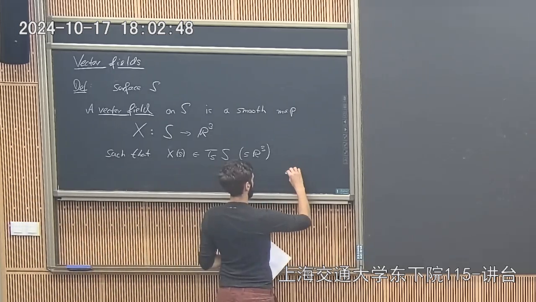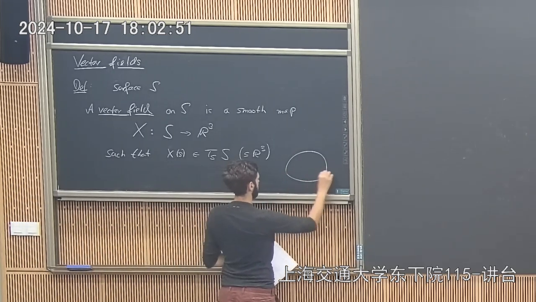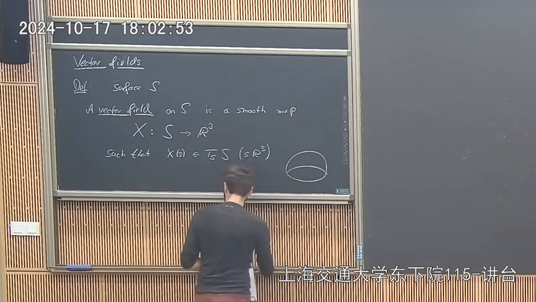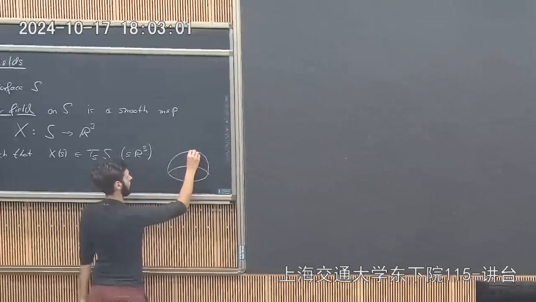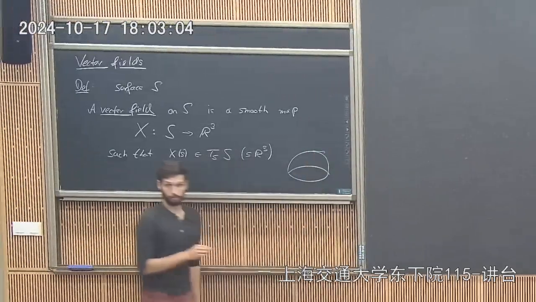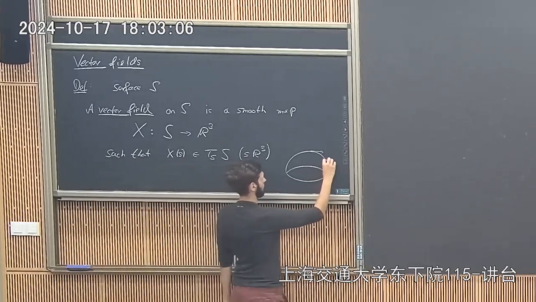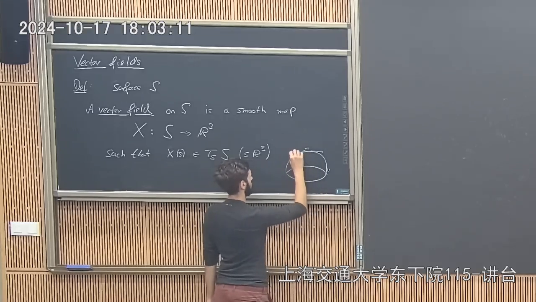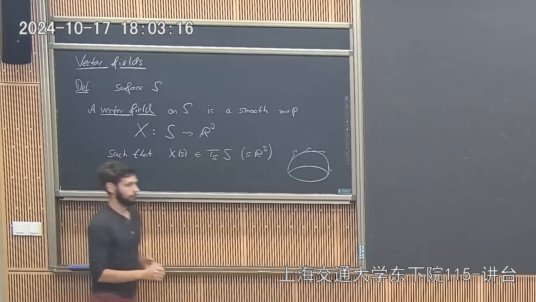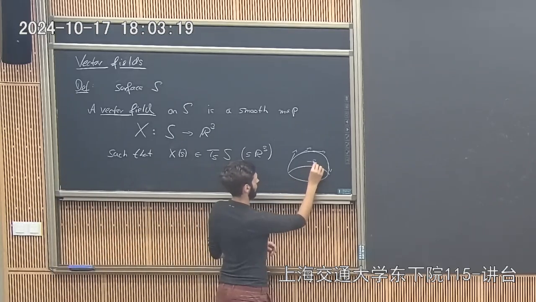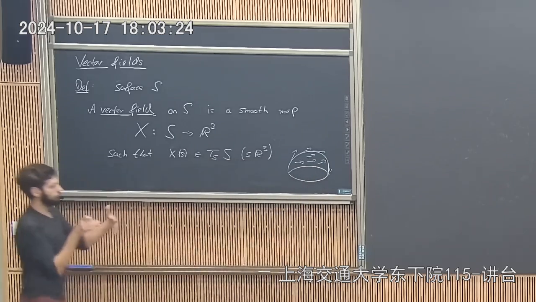So for example, if you have the upper semi-sphere, you can imagine that at each point you have a certain vector associated. So something like the following would be a tangent vector, at each point of your surface, so also in the front, so to speak.